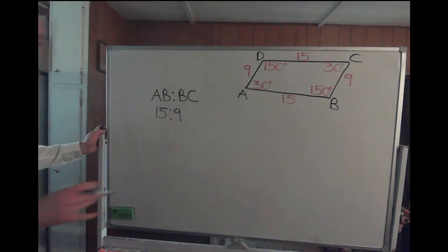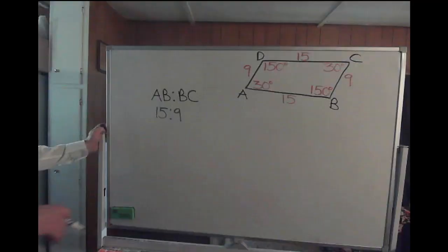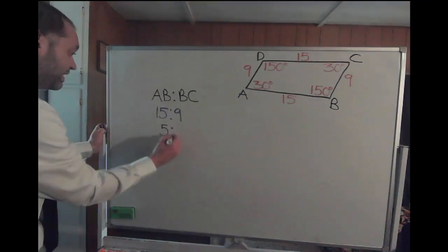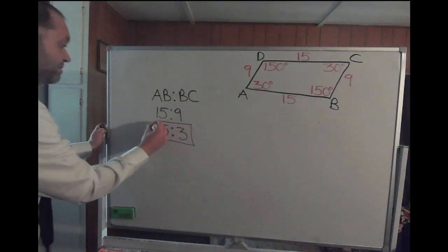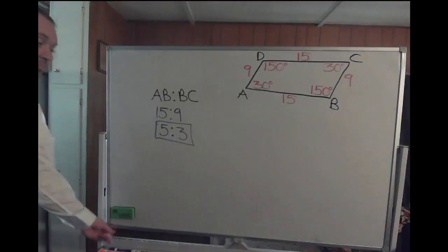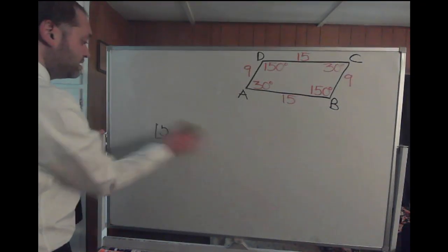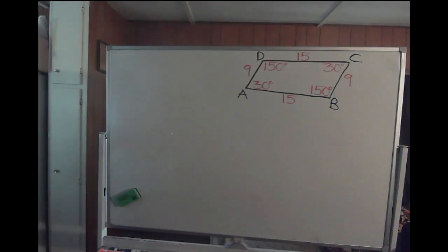So it's in the ratio 15 to 9, but we need to get it into simplest form. Well, both 15 and 9 have a common factor of 3, so that would be in the ratio of 5 to 3. And that would be your answer. The ratio of AB to BC is 5 to 3. Okay, what's next?